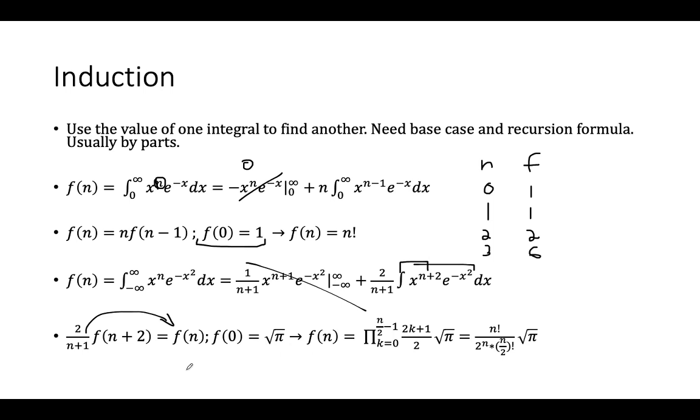So really, you're just going to be multiplying all the odd numbers, starting from 1, all the way up to this smaller one. So you're multiplying every single odd number from 1 to n plus 1.